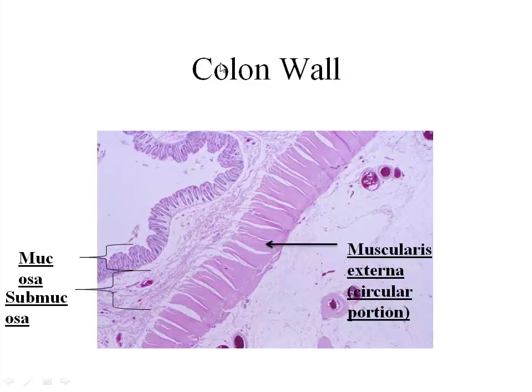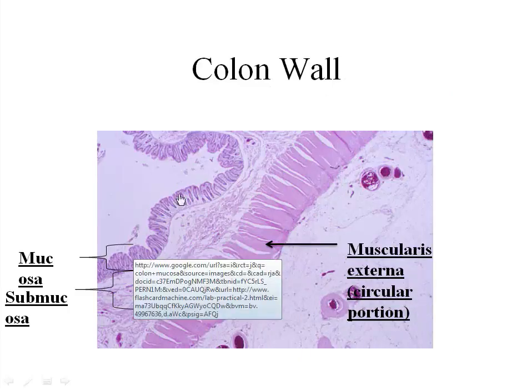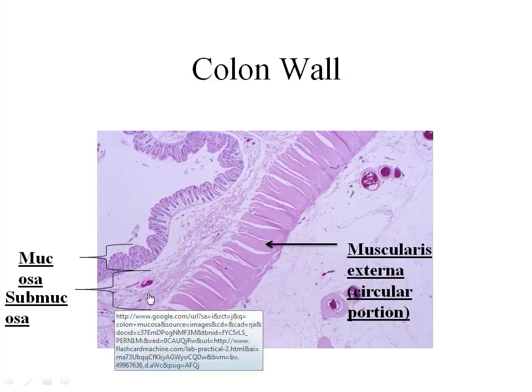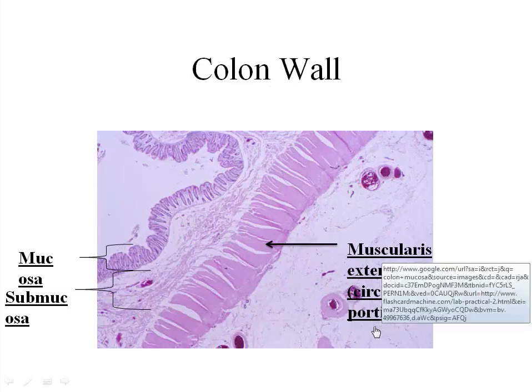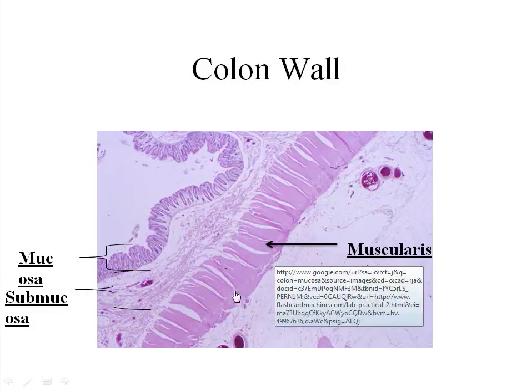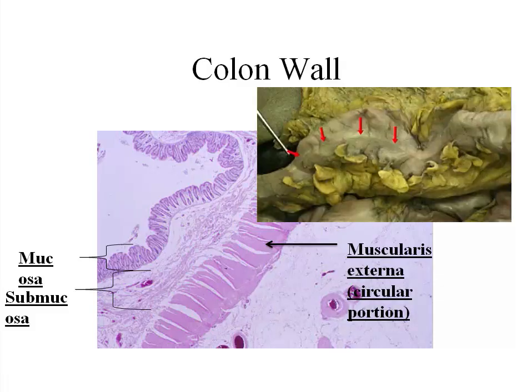Here in the colon portions, the mucosa portion is there, the submucosa portion, and the muscularis externa circular portion, which is full of muscles. In the actual photograph, you can see this structure here as the mucosal layer.